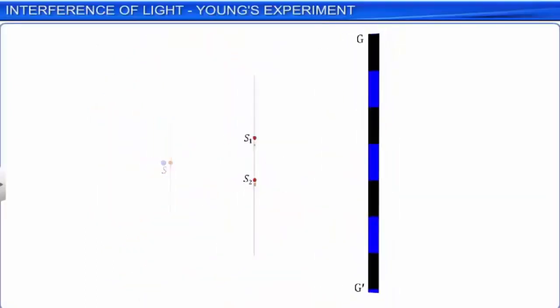Let the distance between S1 and S2 be d, and the distance between the pinholes and the screen be D. Let AB be the perpendicular bisector of the line joining S1 and S2, and O be the point of intersection of the line and the screen.